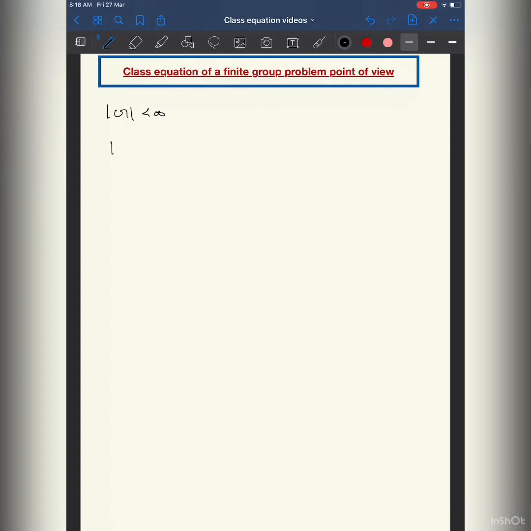Okay, so the class equation says that |G| = 1 + 1 + ... + 1 + |Cx1| + ... + |Cxn|.